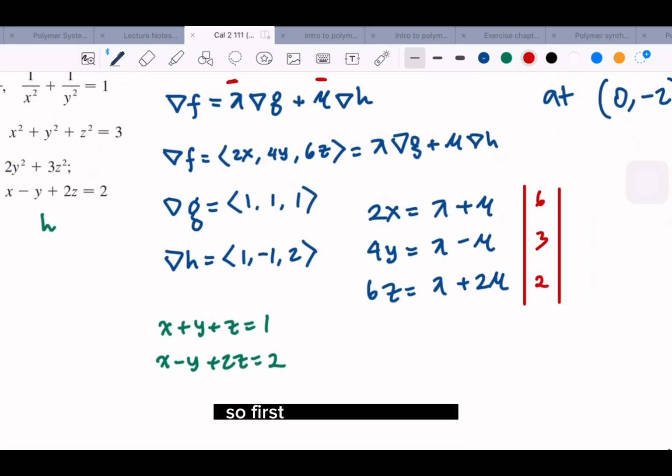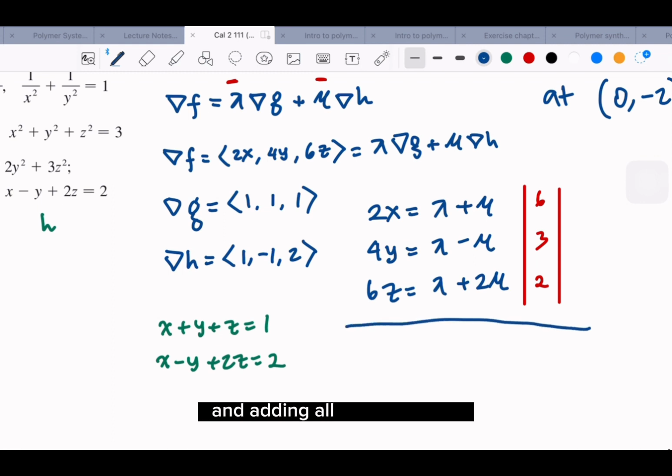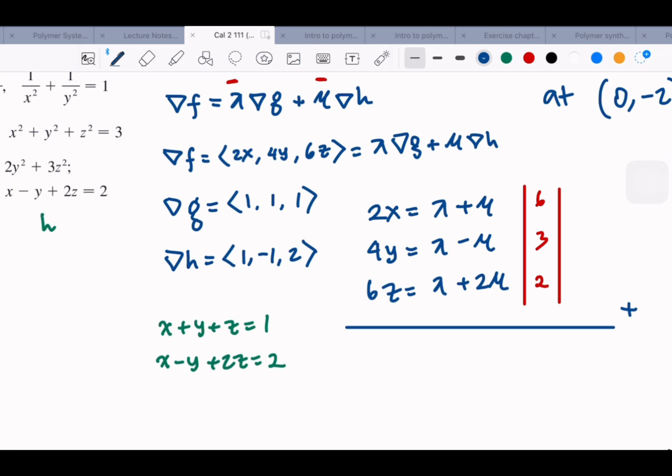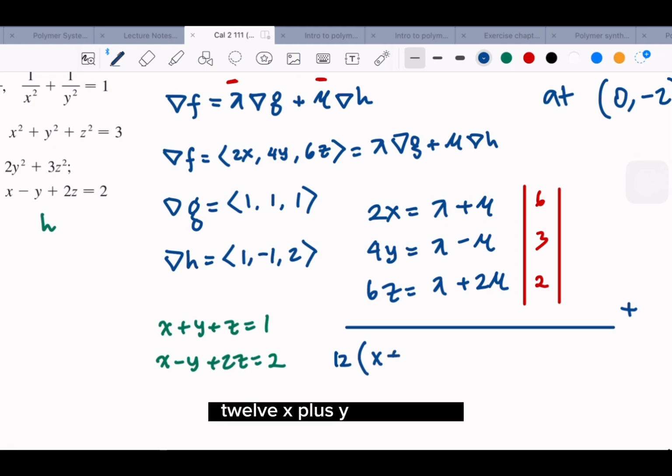Okay. So first we could take this and add all together. So this will be 12x plus y plus z.